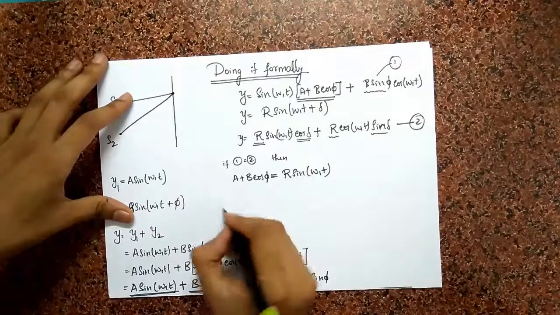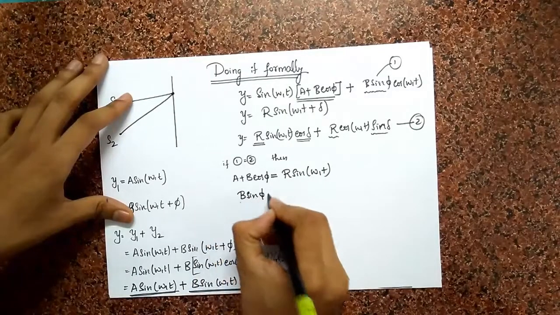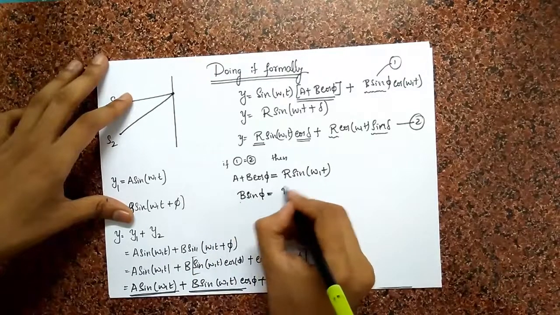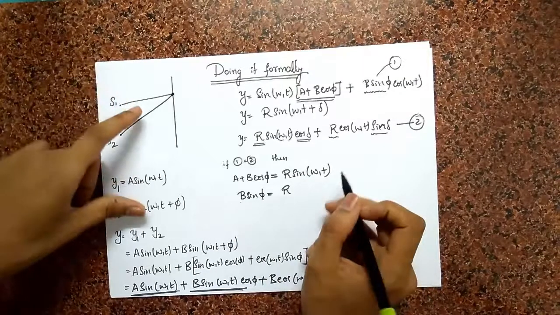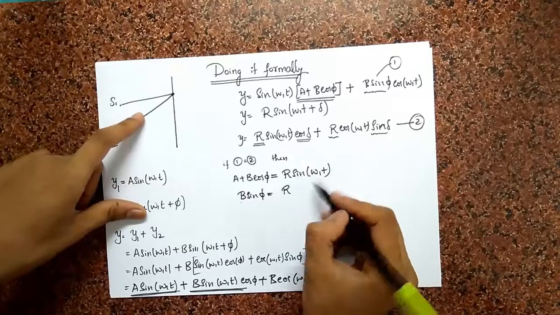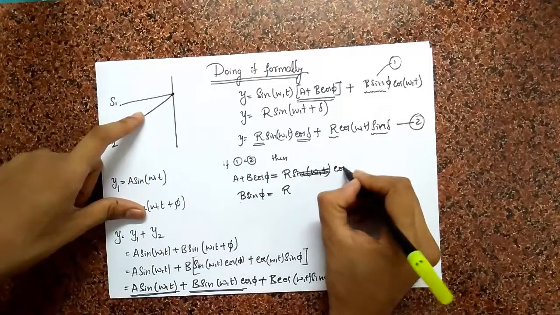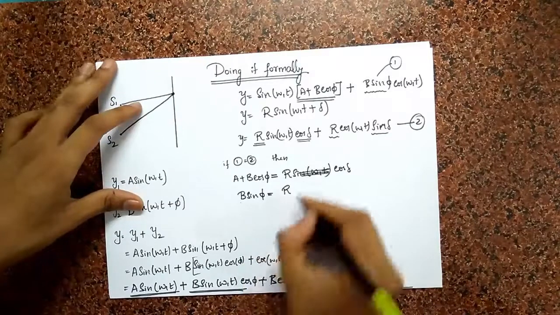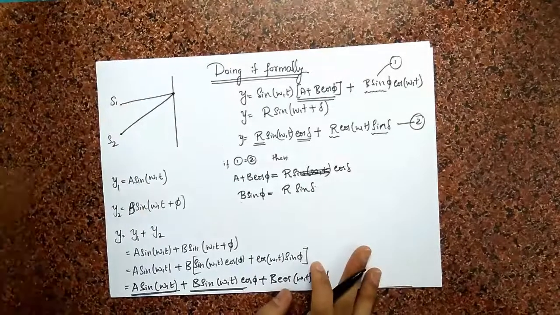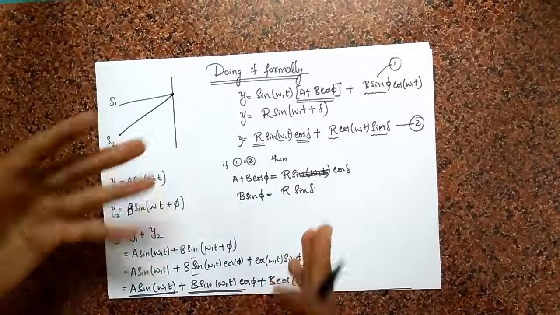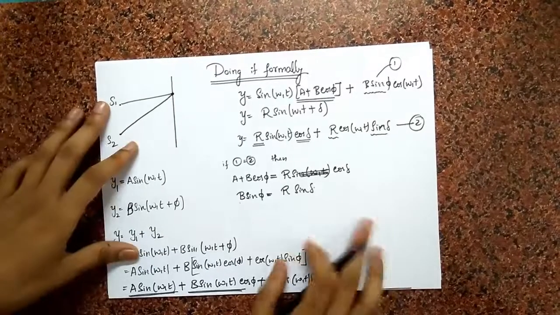And I should have B sine phi equal to r, this is not sine, this has to be cos delta. Oh, I'm sorry, I'm so sorry. So this has to be r sine delta. Okay, now I'm on the right track. So from this, my aim is to calculate what r is and what delta is.